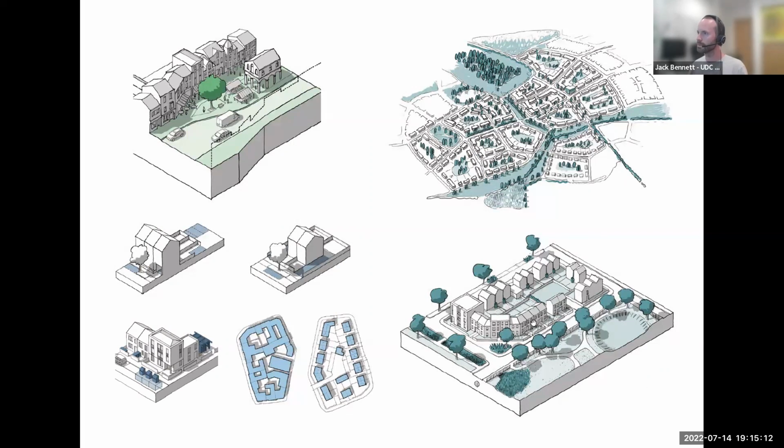How should open spaces relate to homes? How should open spaces be detailed? Where should parking be? Where should refuse collection be? All these kinds of principles that we'll try and work through, what we think is most appropriate for these different areas of Uttlesford, and try and set down some rules, essentially.